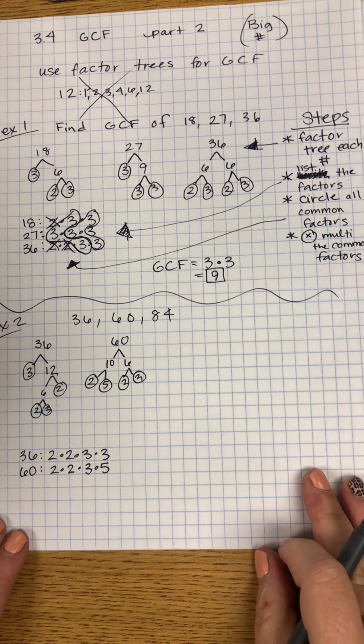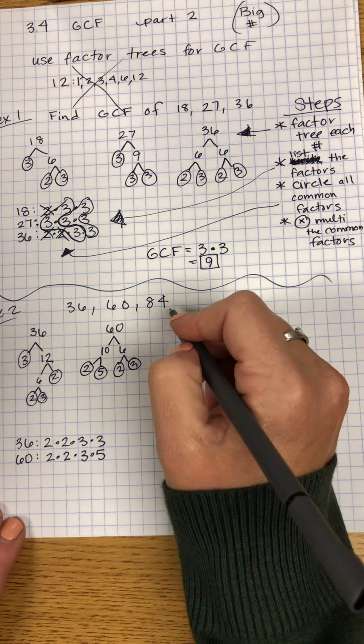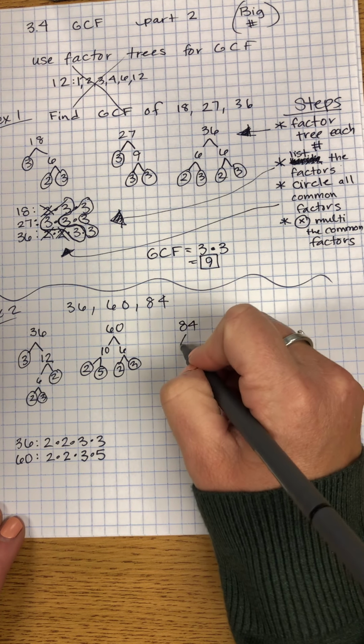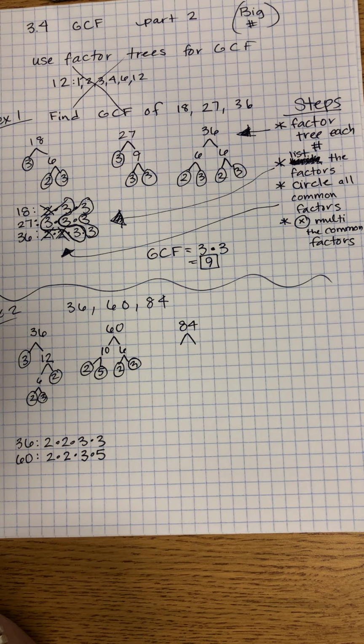Can you guys see that okay up there? Yeah. Great. All right, 84. So using my rules in the divisibility book, what can you tell me about 84? Anything? You know 2 goes in. 2 goes into it. Why? Because anything that's even, yeah, 2 goes perfect.